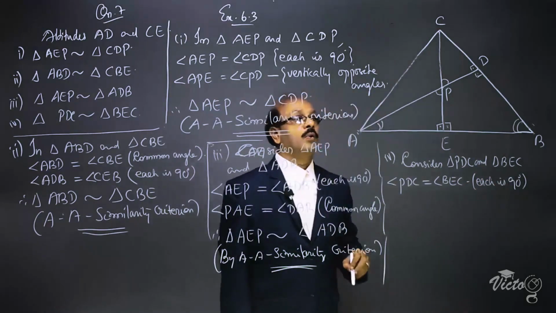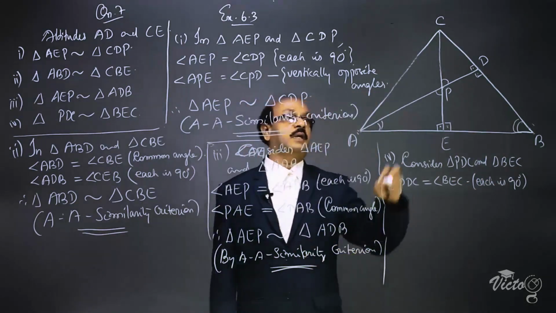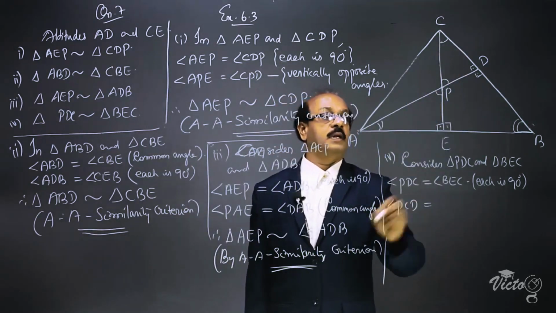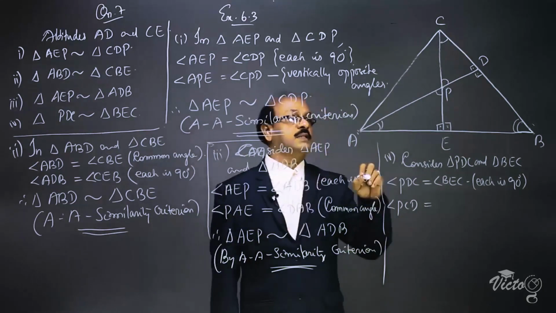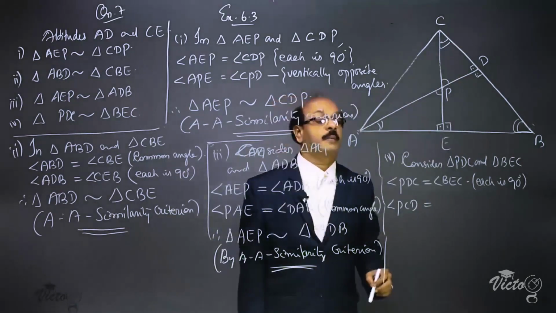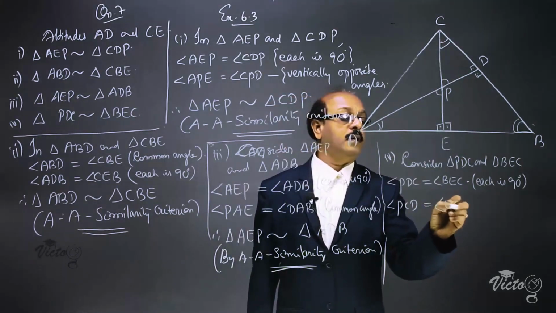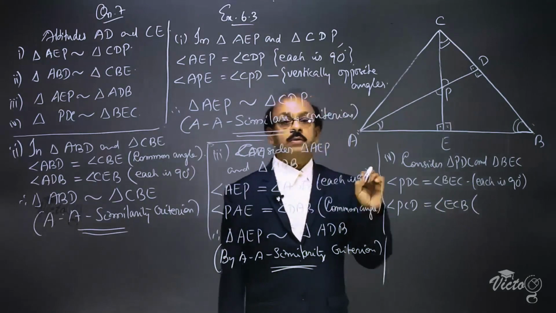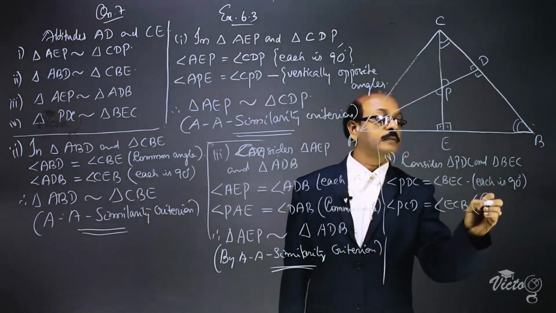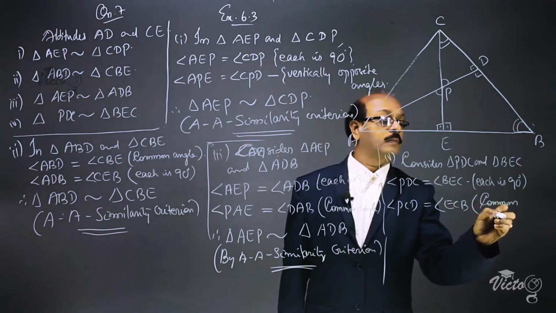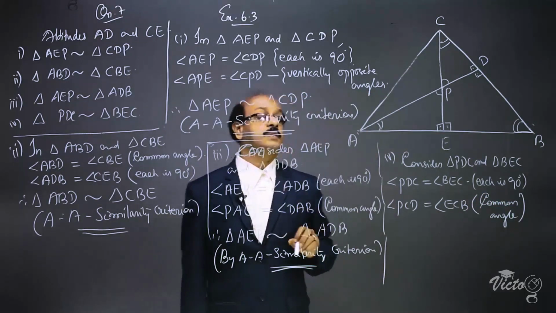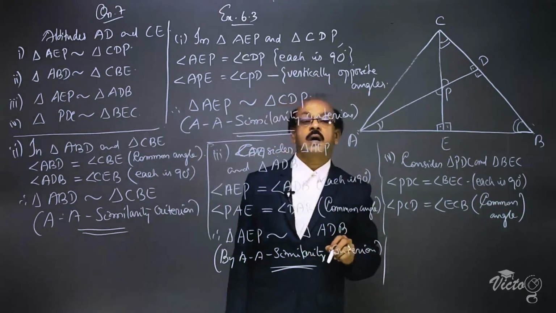And now angle PCD means this angle. Angle PCD is equal to angle ECB, which is the same angle. The reason is common angle. These two equalities are enough to prove that triangle PDC and triangle BEC are similar.